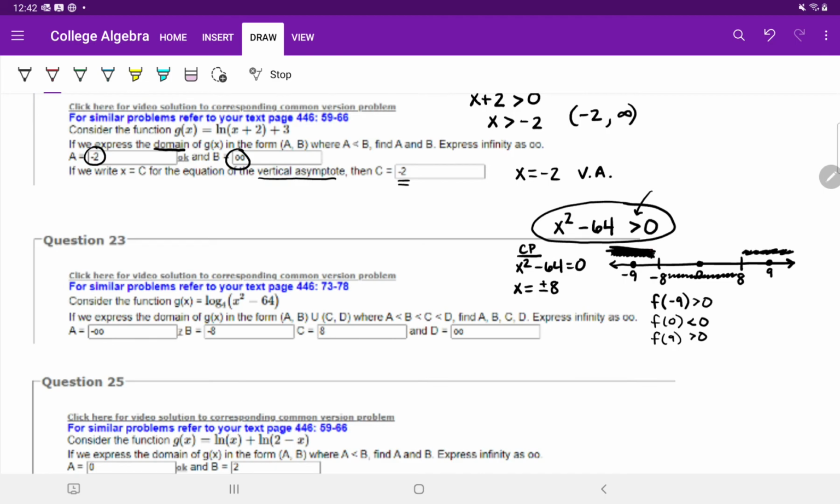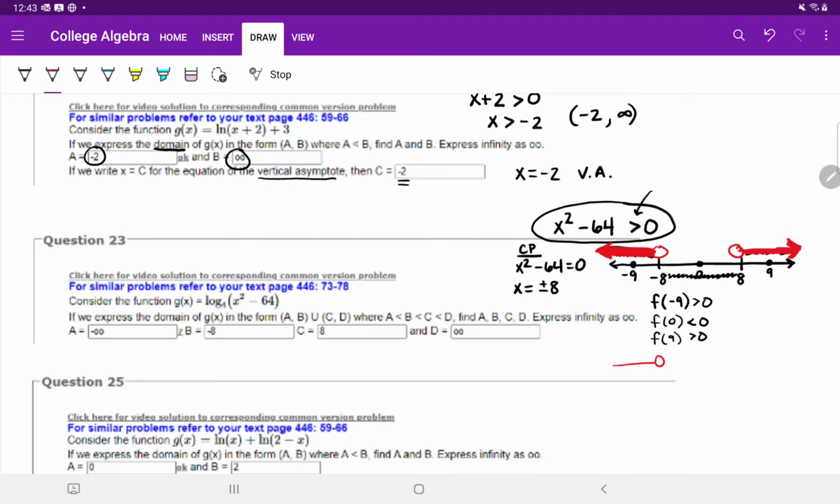Let's do it in a different color. It would be this part of our graph here going all the way down to negative infinity, and this part of our graph here going all the way up to positive infinity. Notice that at -8, our function would be equal to 0. So that's not what we're looking for. We're looking for places where our function is greater than 0.